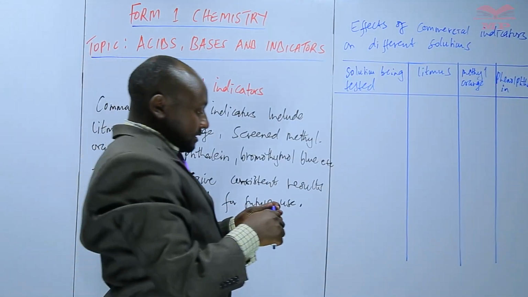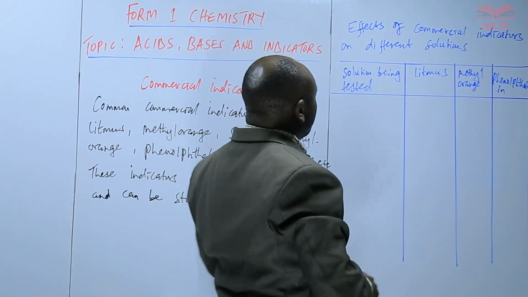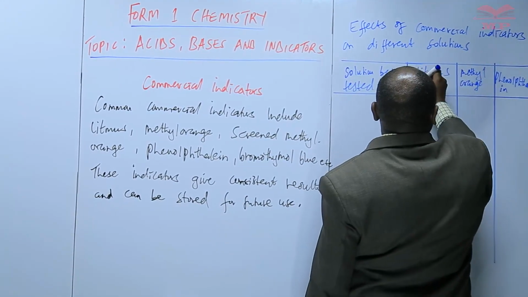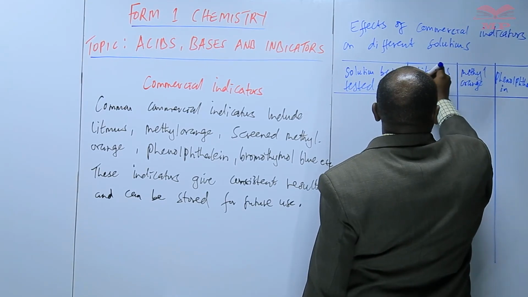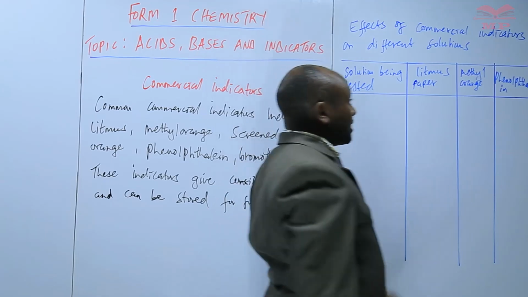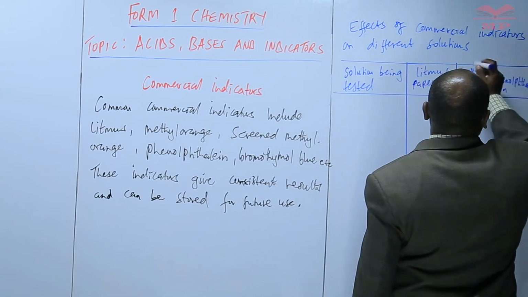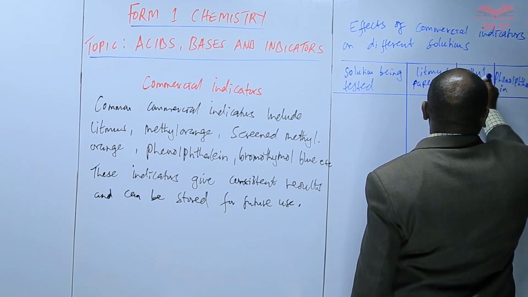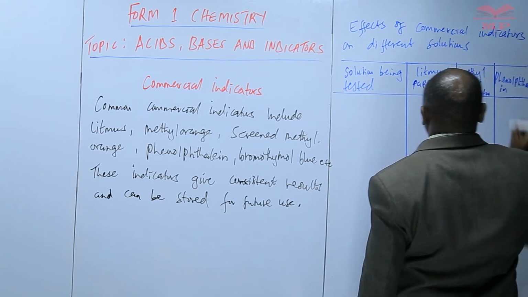We'll have the solution being tested in the first column. Then we can use litmus paper as one of the indicators, or we can still use the litmus solution. They just give the same results. Then we have the methyl orange indicator, and then the phenolphthalein indicator.